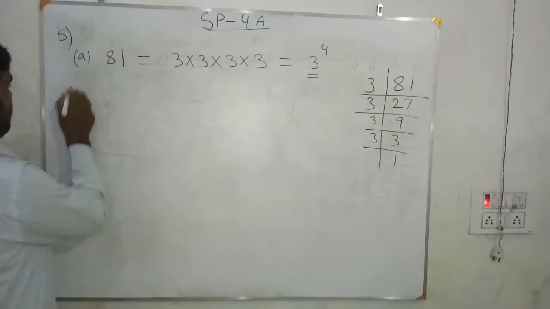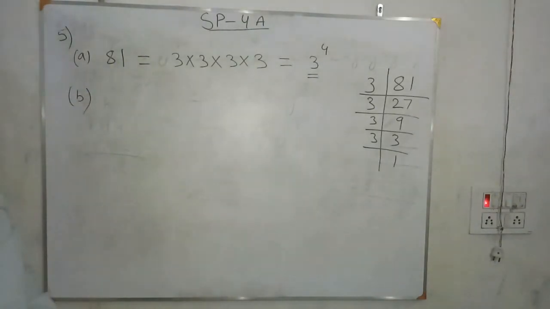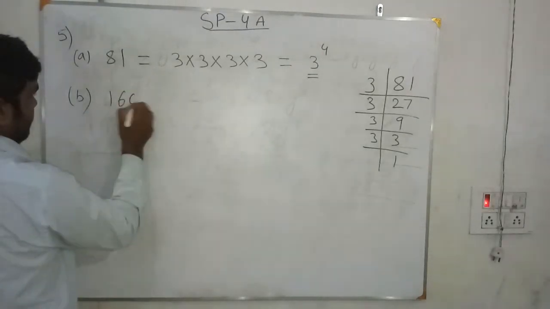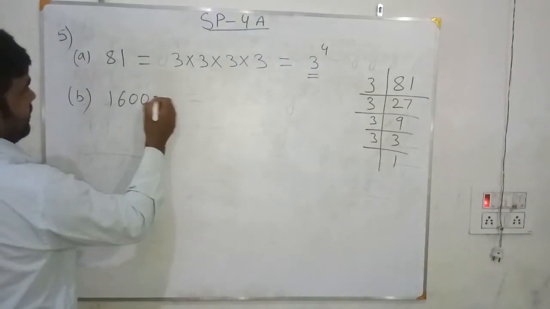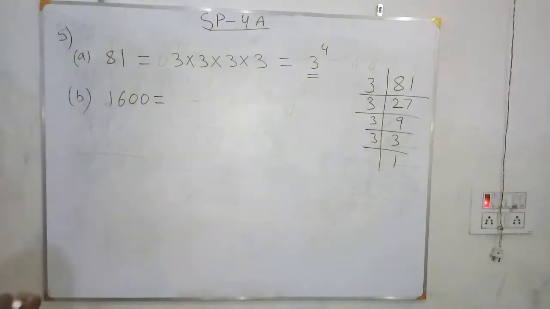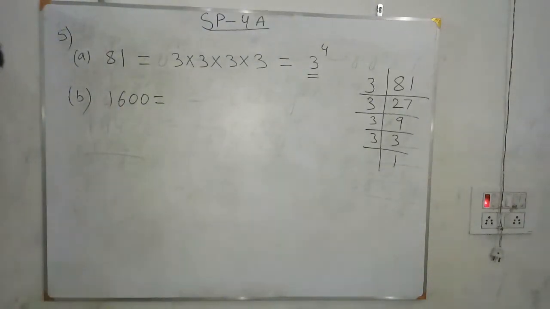Next B, 1600. So what are the prime factors of this? Again we will find the prime factors of 1600.